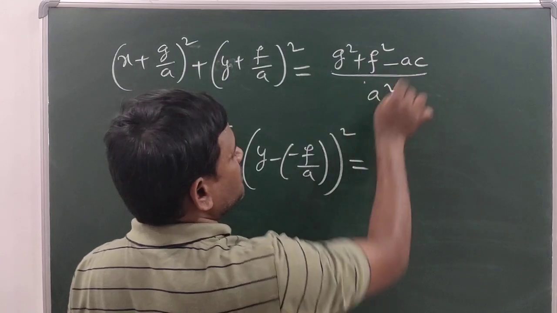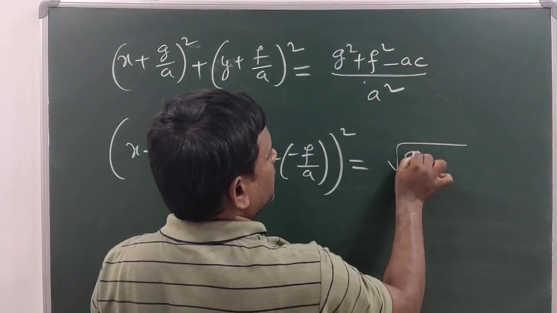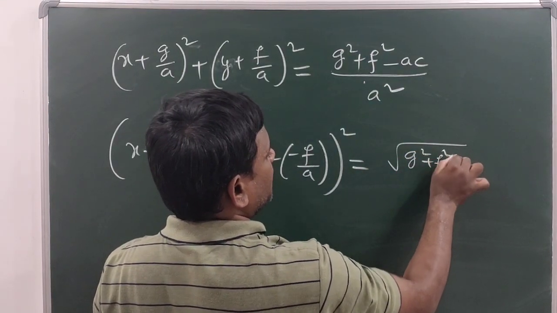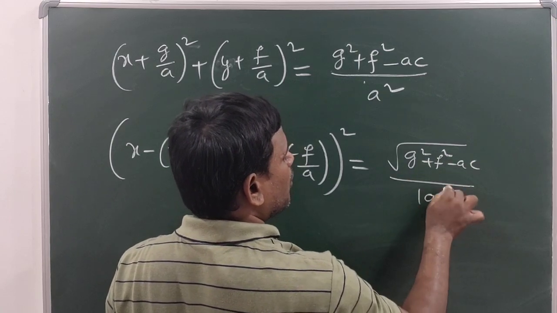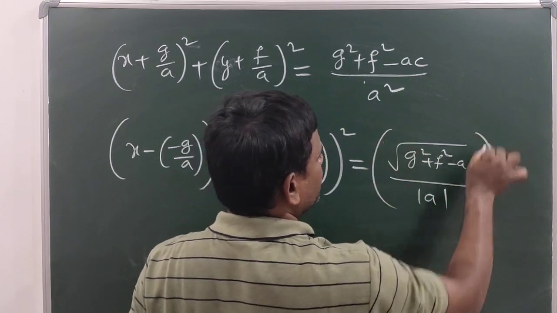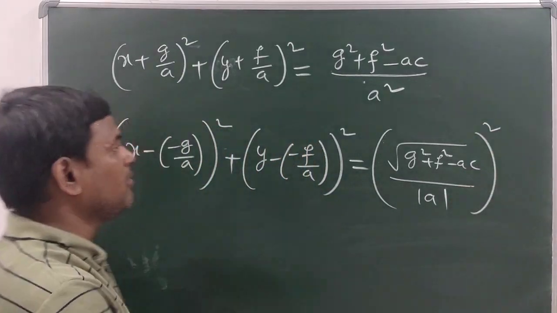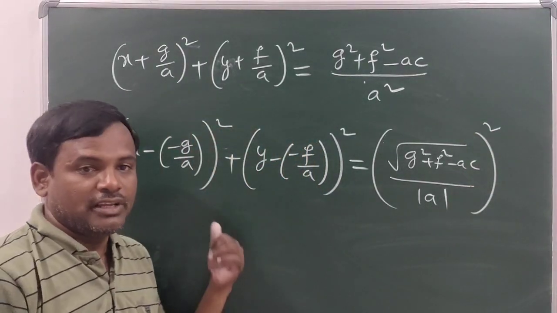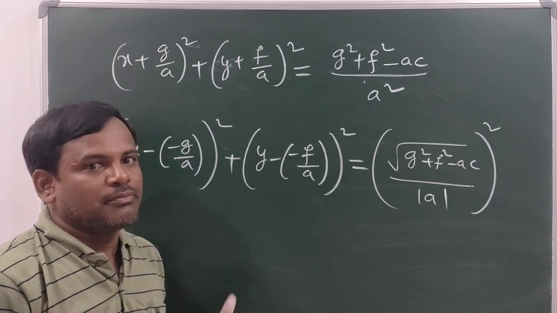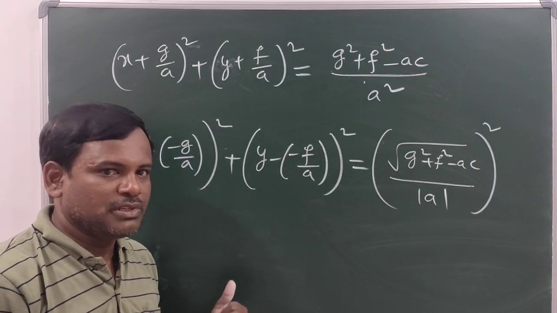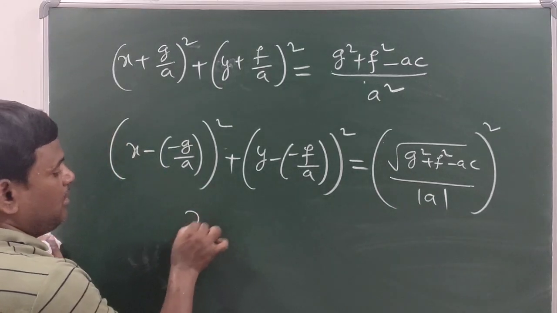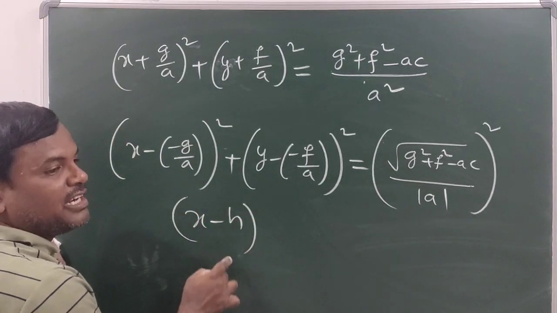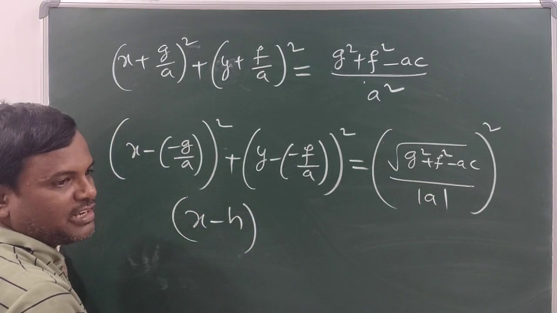So here this one, see how I am writing, g square plus f square minus ac by mod a whole square. Why I have transformed that ax square plus ay square plus 2gx plus 2fy plus c equal to 0 means, see, to get the center and radius of that circle.